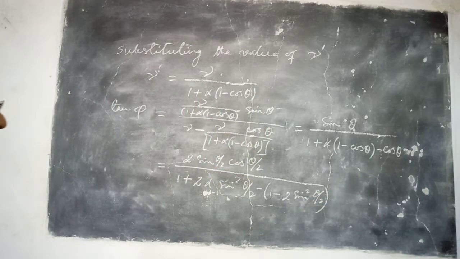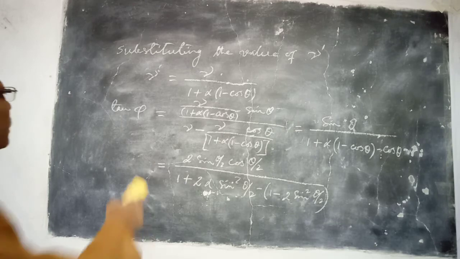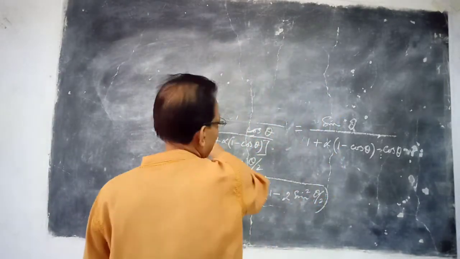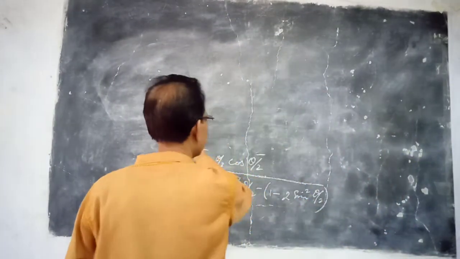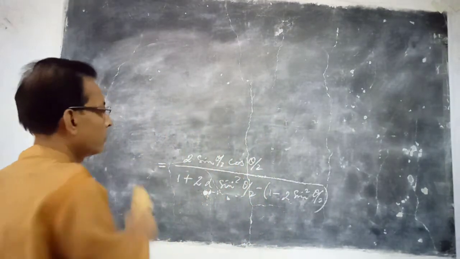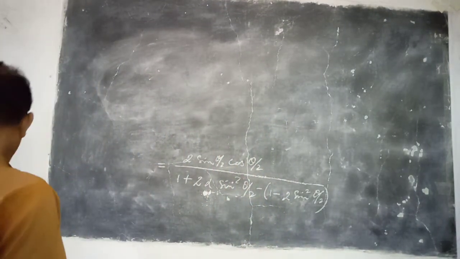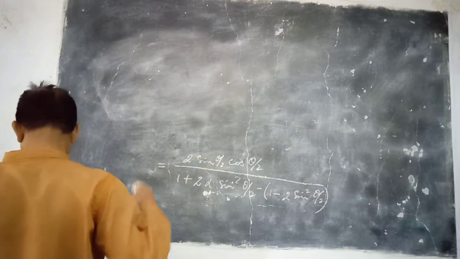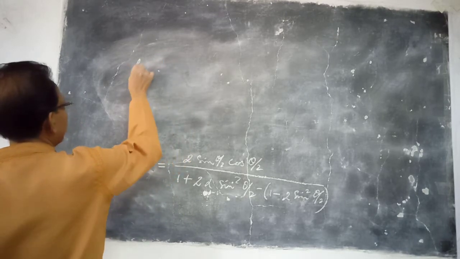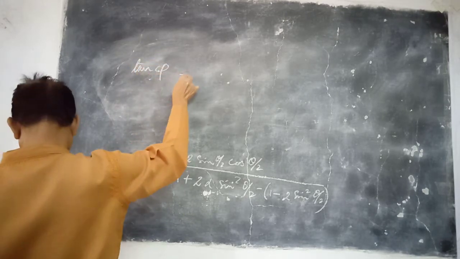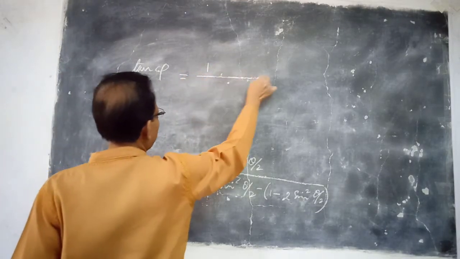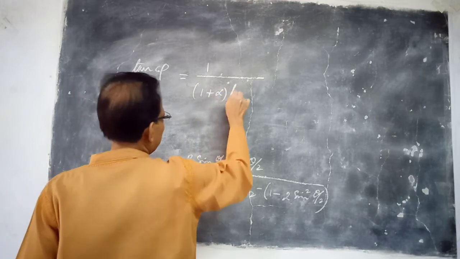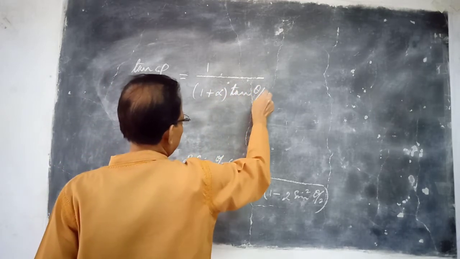If we evaluate this, things will cancel, and sin theta by 2 will cancel, and naturally you get tan phi equal to 1 divided by 1 plus alpha times tan theta by 2.